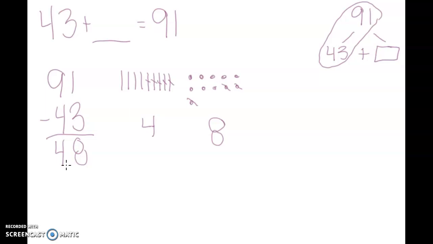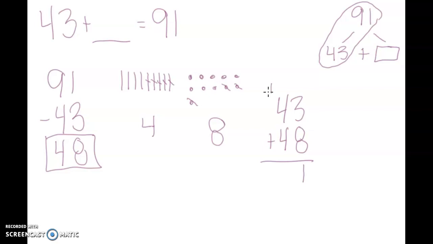Well, let's double check that because we're not positive yet. So if I plug 48 into my missing equation, that should mean that 43 plus 48 should equal 91. Well, let's try it. What is 3 plus 8? 11. So I put down my 1 and I carry my 10.